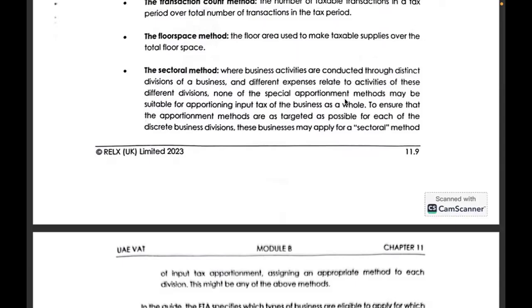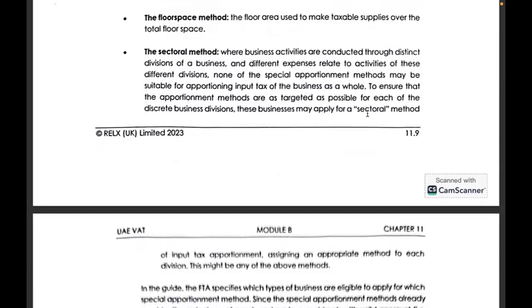None of the special apportionment methods may be suitable for apportioning input VAT of the business as a whole. If these scenarios persist, then the taxable person can go to FTA and request to recover input tax based on sectoral methods, to ensure that the apportionment methods are as targeted as possible for each of the discrete business divisions.